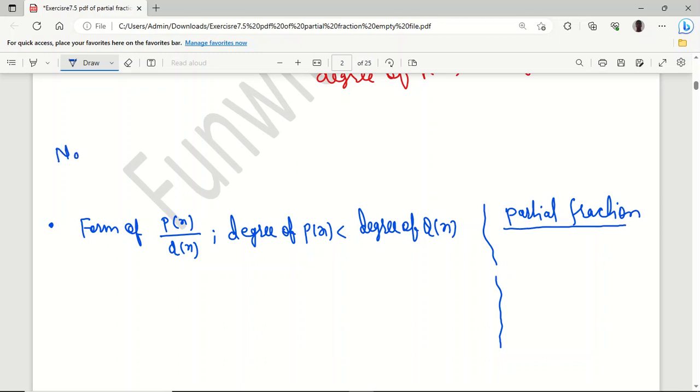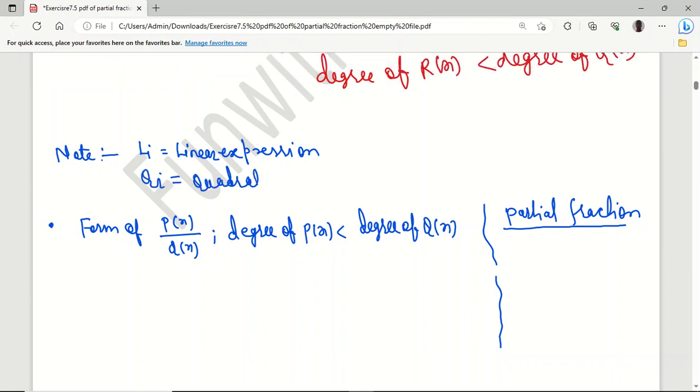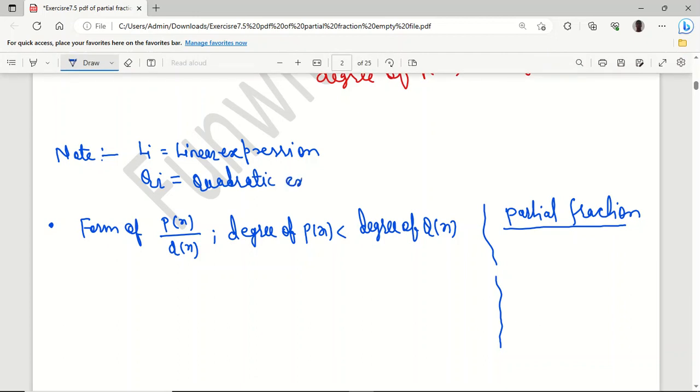Here I'm considering L_i as a linear expression. A linear expression means an expression with degree 1, and Q_i as a quadratic expression, that is, an expression with degree 2.